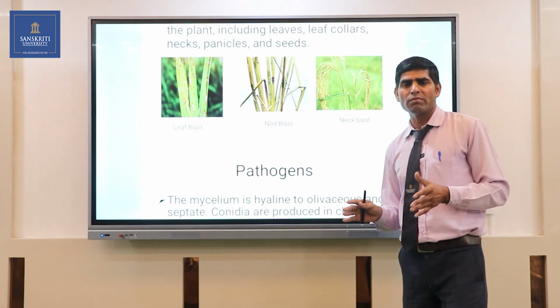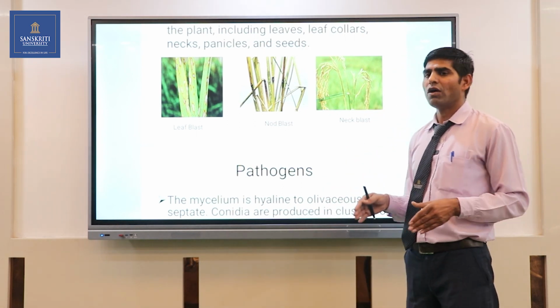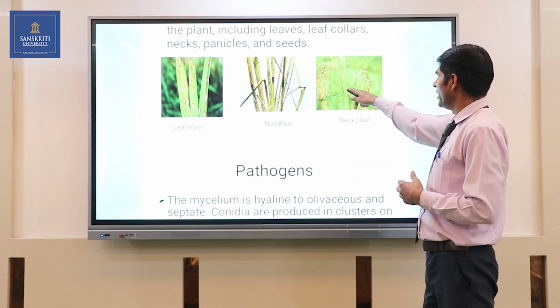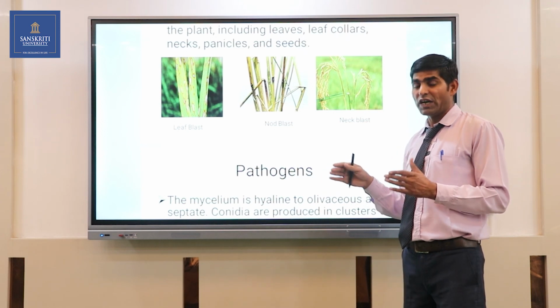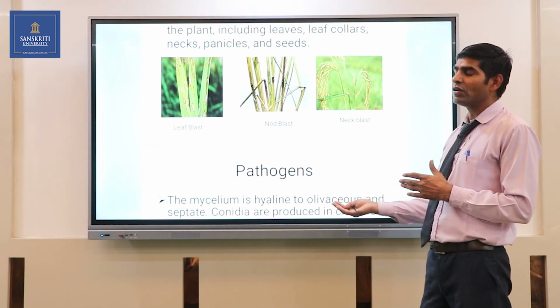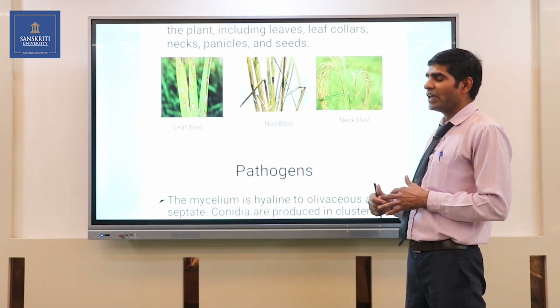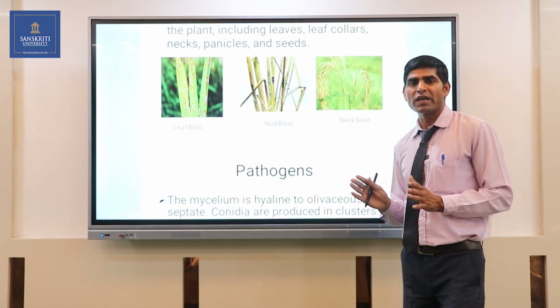The local farmers of our area, the jurisdiction of Sanskriti, call it gardan tod, because the neck of the plant is bent down. In this case, there is no proper grain filling.